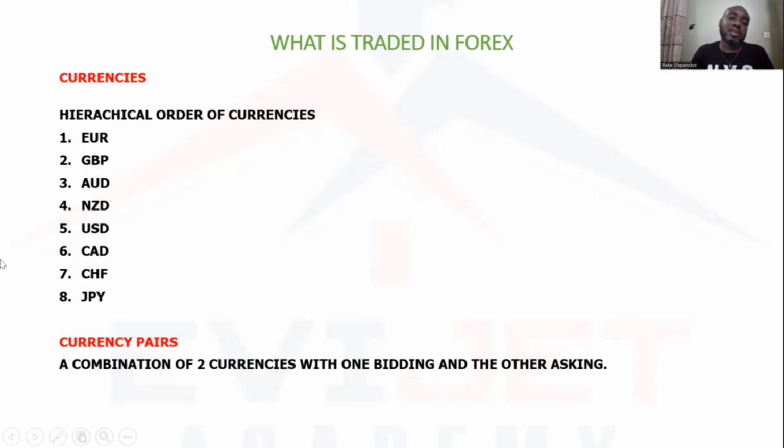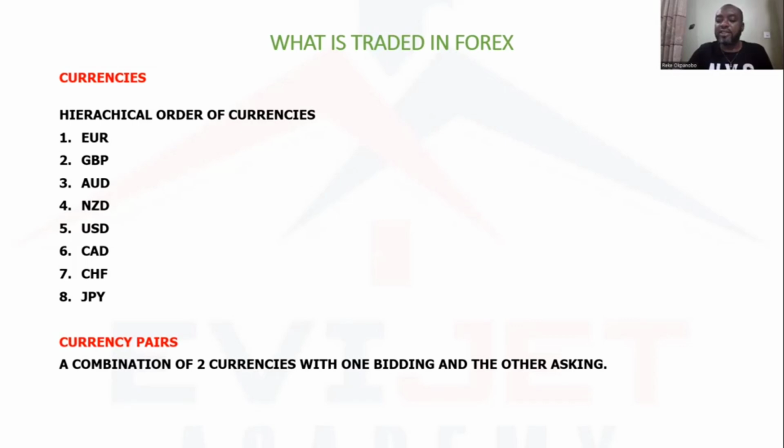Now, before we go into that, what is traded in the market is actually currency pairs, all right? You don't trade a currency. What you trade is a pair. There are other things traded in the market, but we are talking about Forex first, okay?